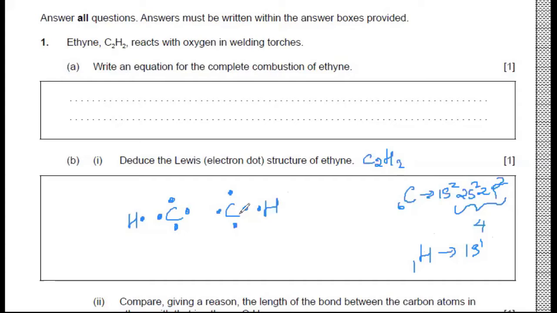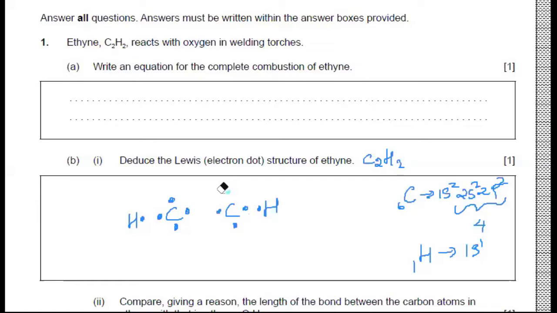But carbon hasn't received its octet configuration. So we can assign a double bond using these 2 electrons, and now the third bond with these 2 electrons. So ultimately, carbon will receive a triple bond.